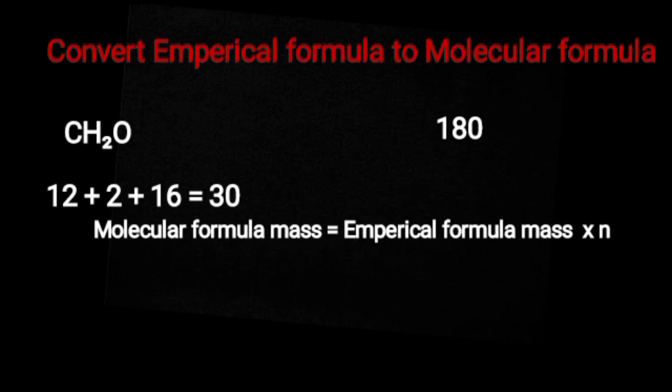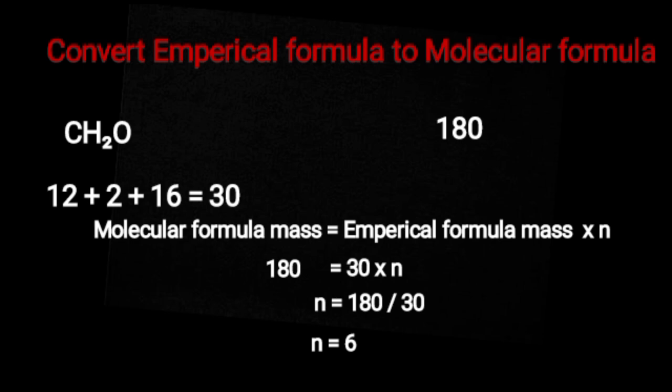Now the molecular formula mass is equal to 180, while the empirical formula mass is equal to 30. So we will find the multiplication factor, which is n, by dividing 180 by 30. This will give us 6, which means that 6 is the multiplication factor of this empirical formula.